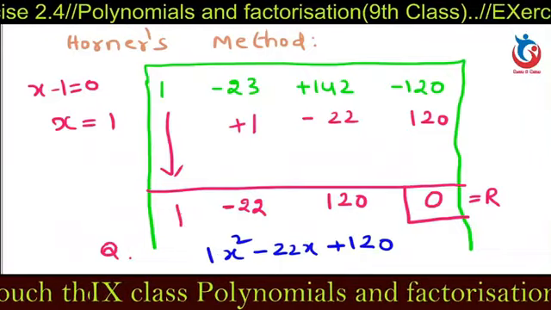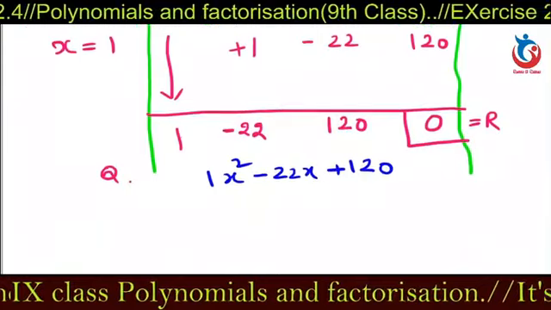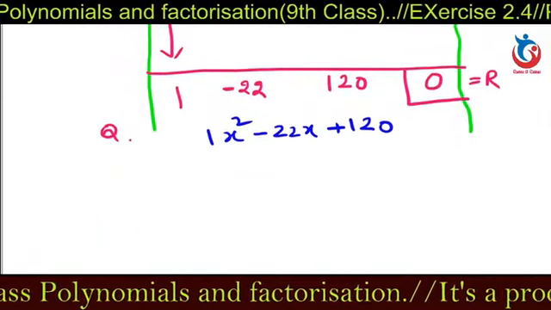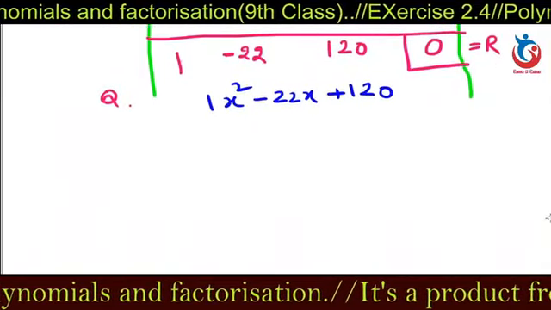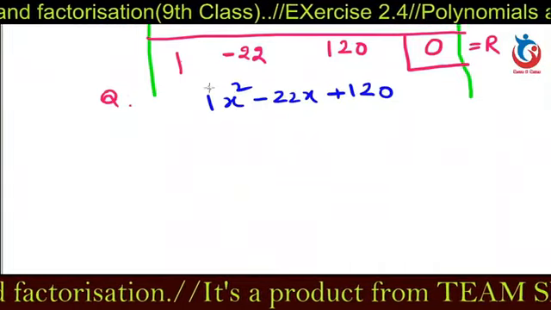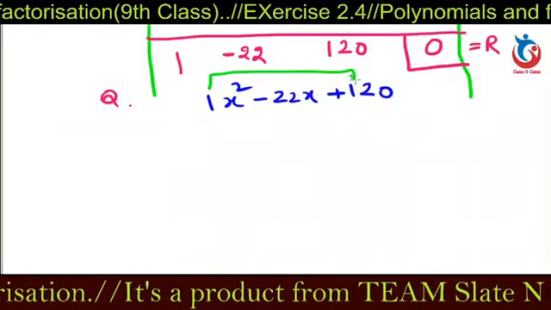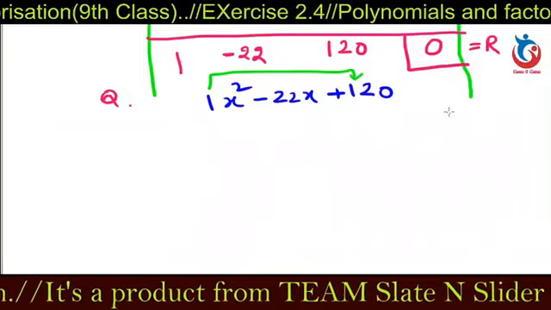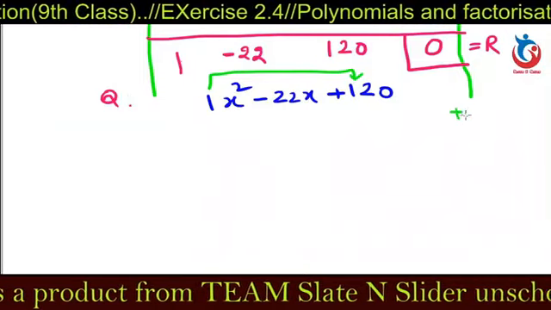Yes, again factorize, that is 1x square minus 22x plus 120. How to factorize? We have to multiply 1 into 120, so 1 into 120, that is plus 120 we get.